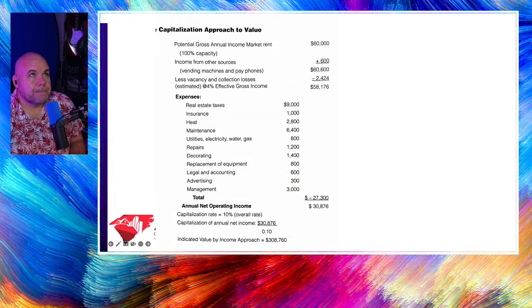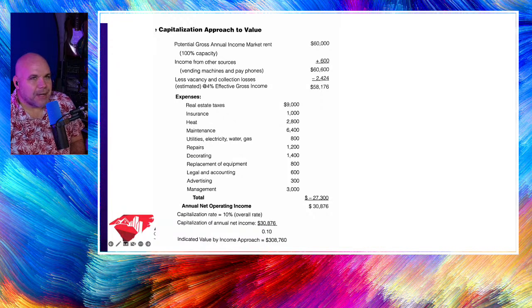We've got a potential gross annual income of $60,000. That's at 100% capacity, but that's not real world. Quite unlikely we'll have 100% capacity. Also, we probably don't want that either. We also have some income from maybe vending machines and payphones. I'm not familiar with that device.